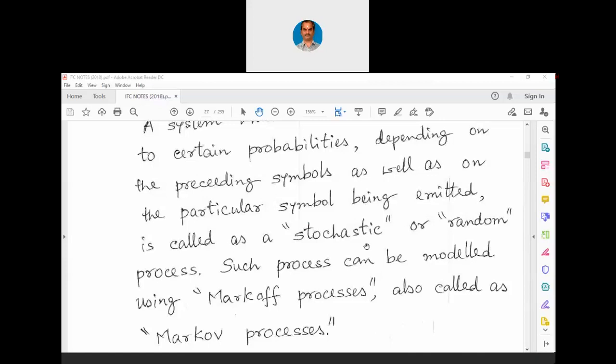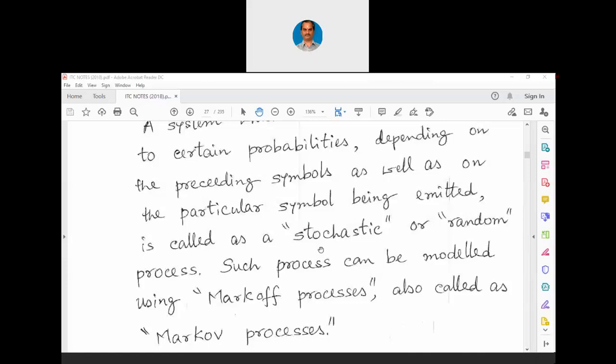And in such a case, we have to make use of the stochastic nature or the random nature of the processes. What we do is we relate probability with the randomness. And through probability, we measure the efficiency of the channel. That is the essence of discussing Markov processes.